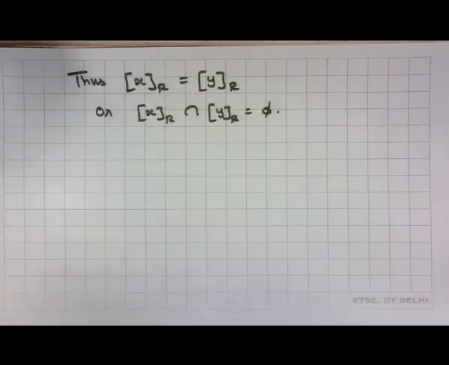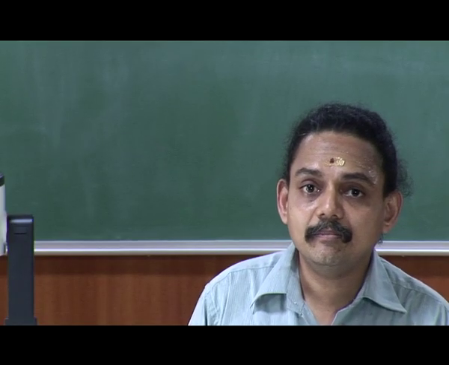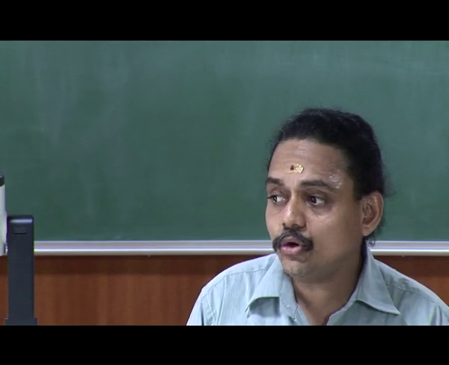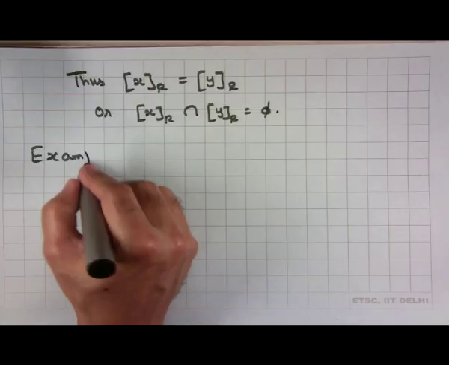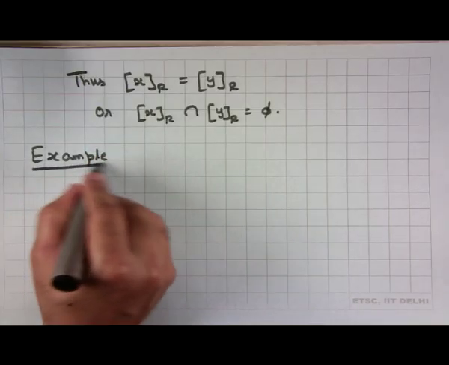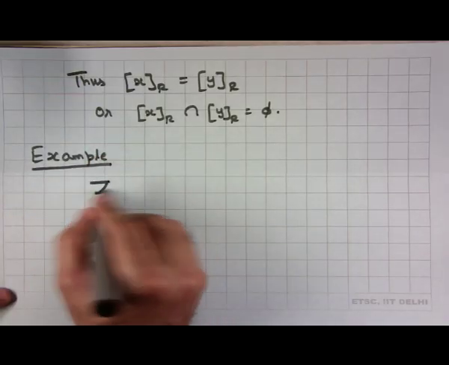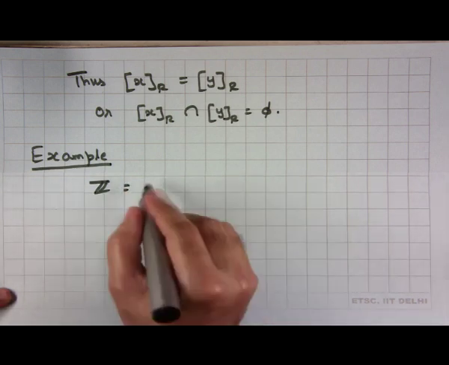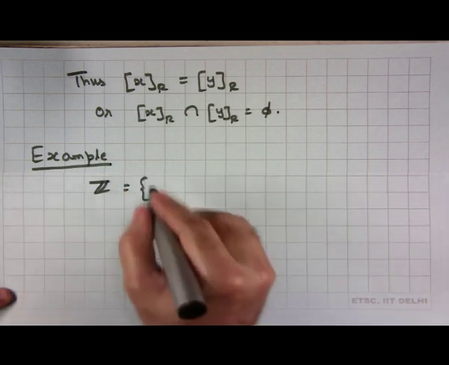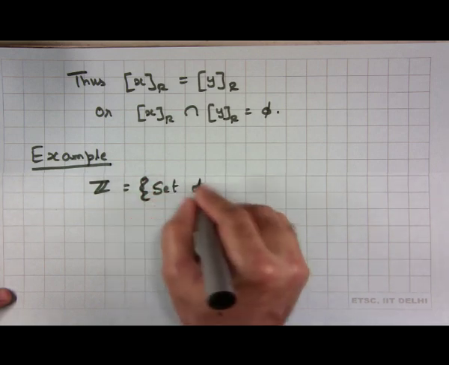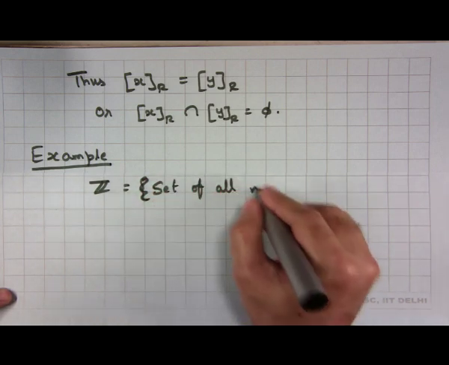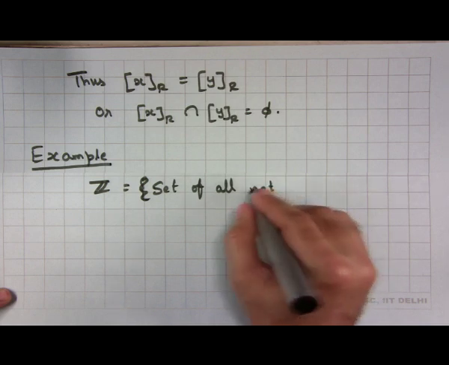Now, let us look at all the examples that we had last time, and let us try to write down what these equivalence classes are for some of the examples. Example 1, one of the examples that we had was Z, which is the set of all integers.